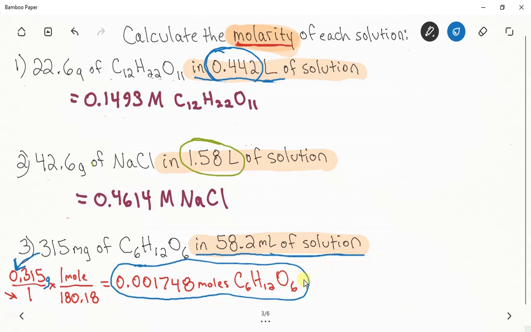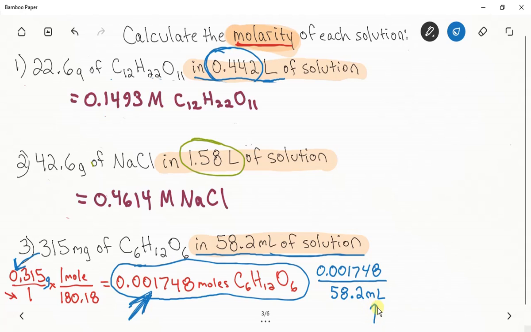So we have, from the moles that we worked out on the previous page, 0.001748 moles over 58.2 milliliters of water.